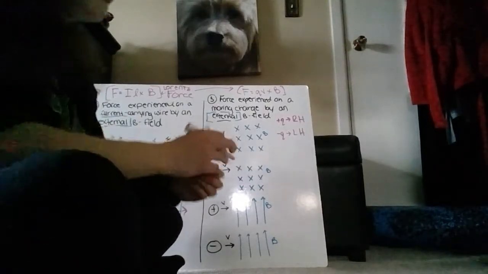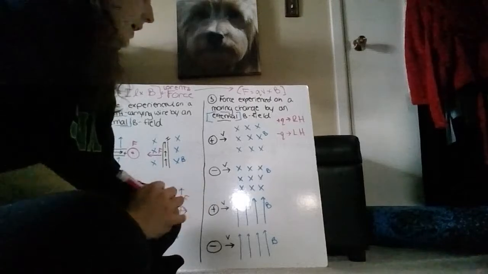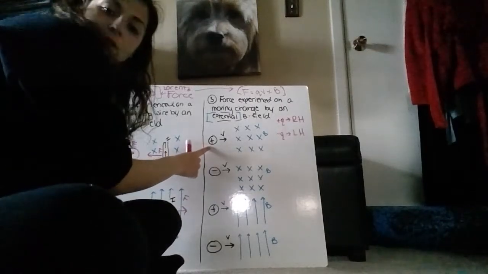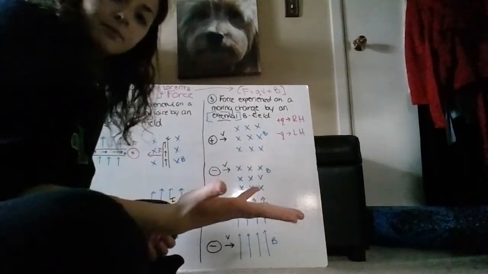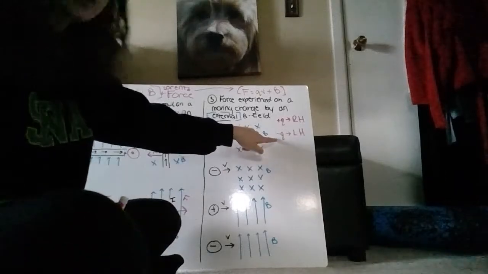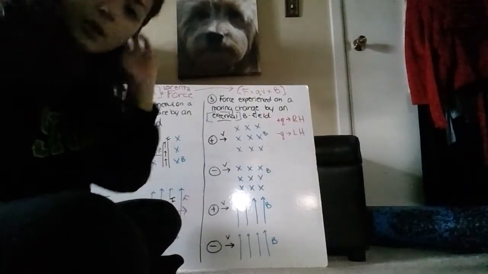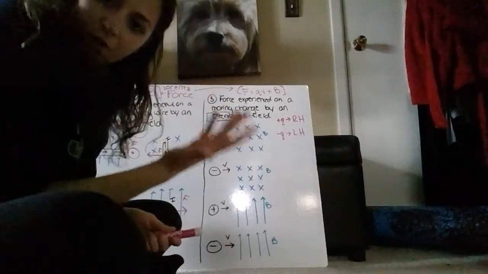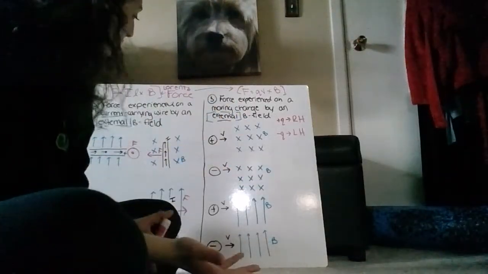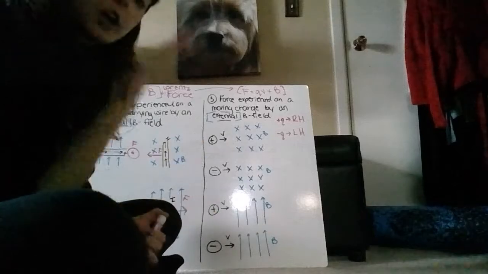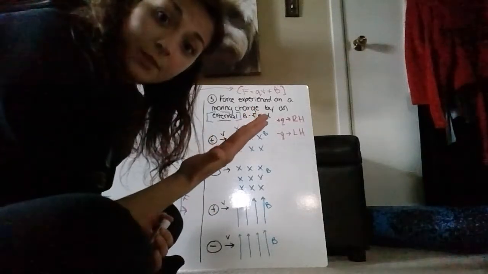So the way I like to teach this is that if it's a positive charge, you use your right hand. And if it's a negative charge, you use your left hand. That's what RH and LH stands for. So if you're trying to find the direction of the force acting on a positive charge, you use your right hand.